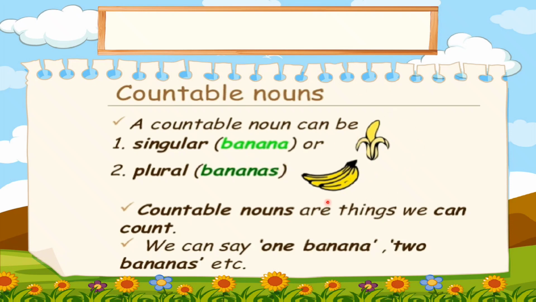This one, let's count 1, 2, 3. So there are 3 bananas. Countable nouns are things we can count. We can say 1 banana, 2 bananas, or 3 bananas. Okay, that is countable nouns.